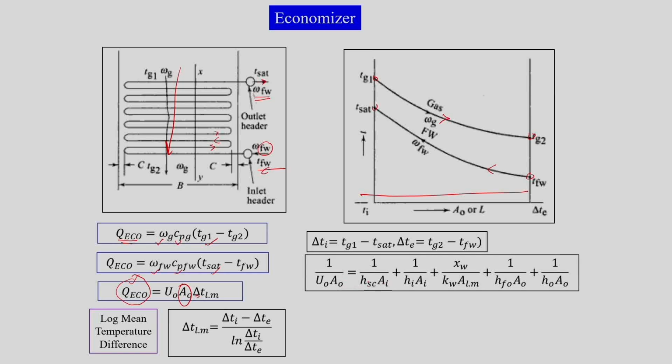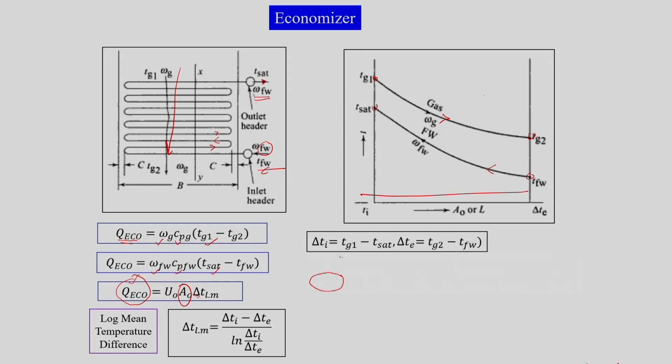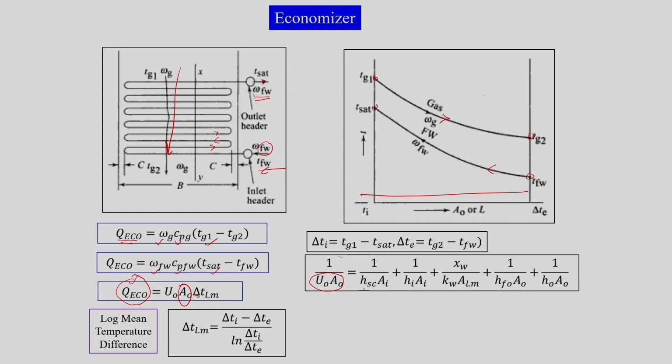So for that, this is the resistance, or 1 upon UA can be said to be the total resistance for heat transfer, and it is summed over different resistances, out of which the first resistance is inside the water tubes. We will have a certain amount of scaling, and that would lead to certain resistance for heat transfer.